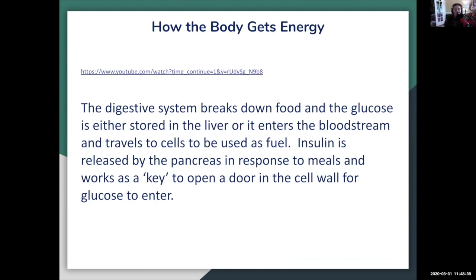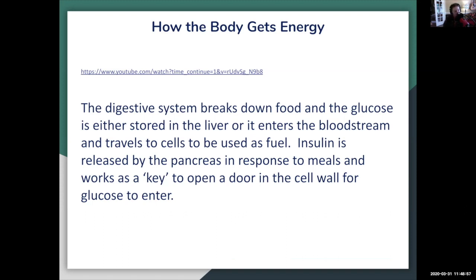Now, glucose is our primary fuel source. In fact, your brain refuses to use anything other than plain glucose as its fuel. That's why people feel bad when their blood sugar starts to get low.